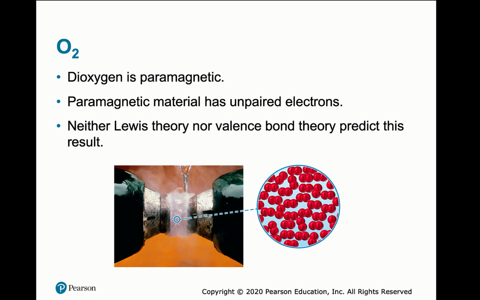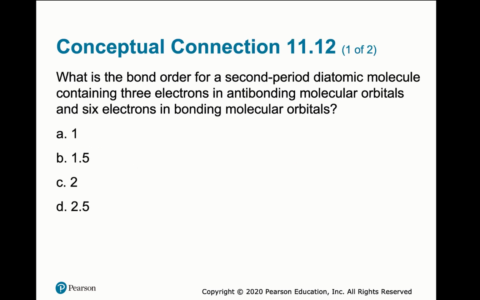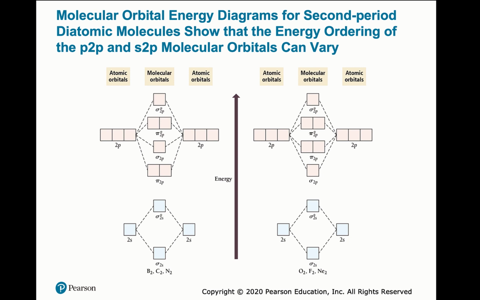So dioxygen is paramagnetic, and to see that, if you look back at the chart, I'm going to go back a few slides. So here you can do dioxygen, and oxygen has 6 valence electrons, so that means there are 12 that it fills up.